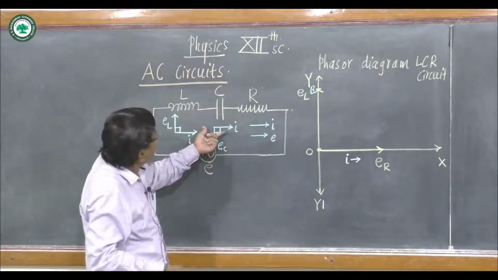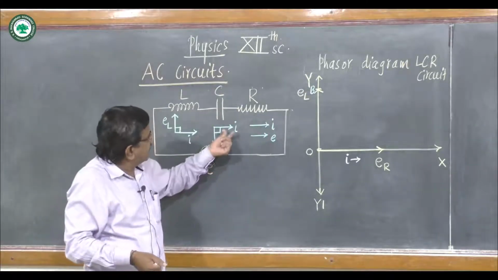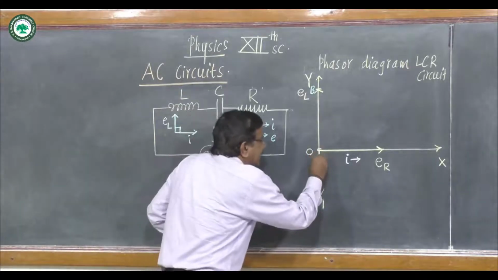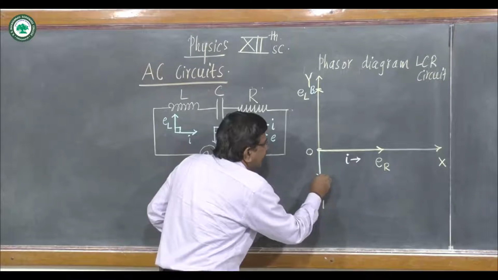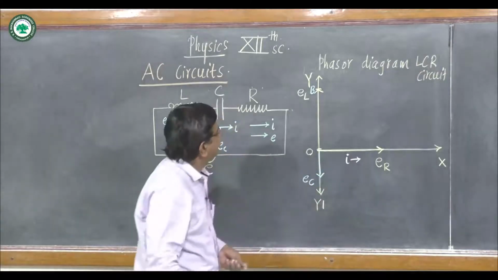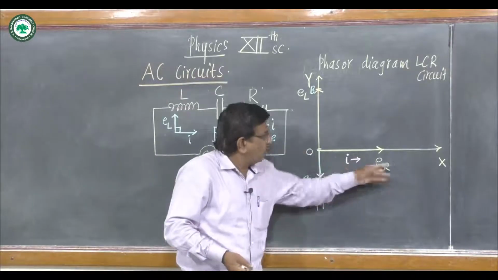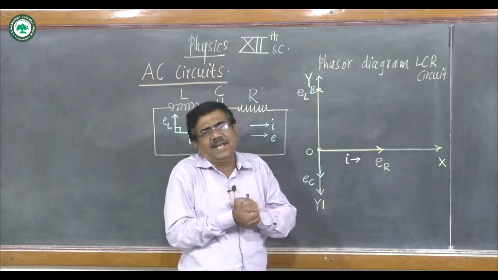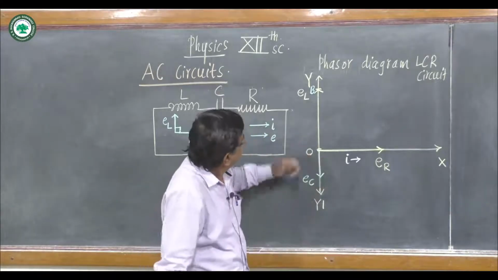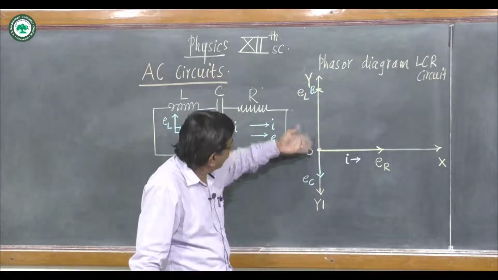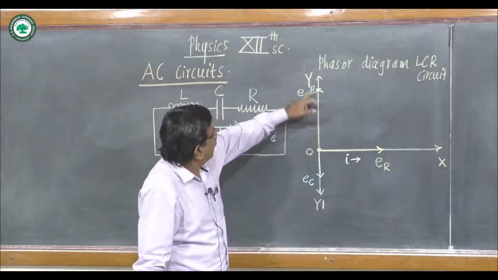In case of capacitor, EMF lags the current by pi by 2. So this EMF across capacitor is along negative Y axis. We denote it by EC. For resistor, EMF and current are in same phase, so along the same axis, positive X axis. For inductor, EMF leads the current by pi by 2, so it is along the positive Y axis up to point B, EL.